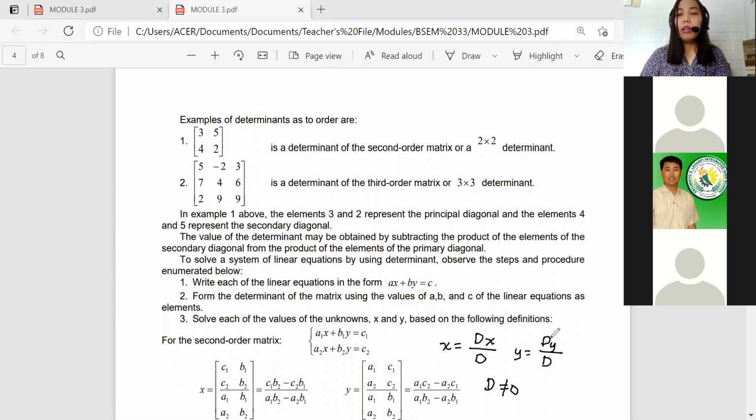For Dy, copy the numerical coefficient of x, and for y, copy the constant. Okay, so let's have an example to make it easier to understand.